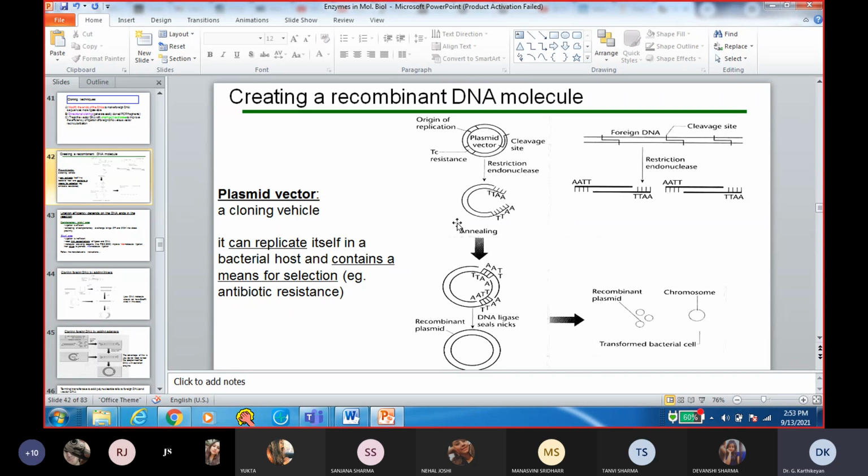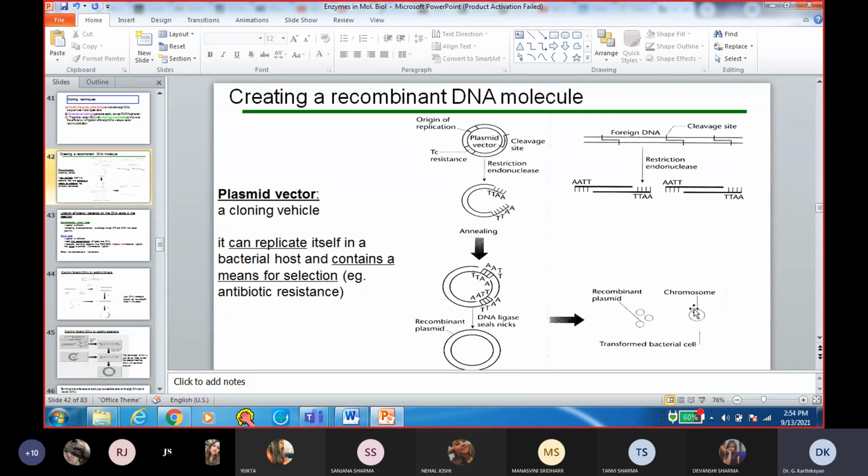You will cut the plasmid vector also with a similar restriction enzyme, and by virtue of the fact that you will have complementary base pairs, these things will stick to each other, and when you add DNA ligase, it creates the phosphodiester bond, and you have a perfectly circular plasmid DNA, which we can transform into E. coli.